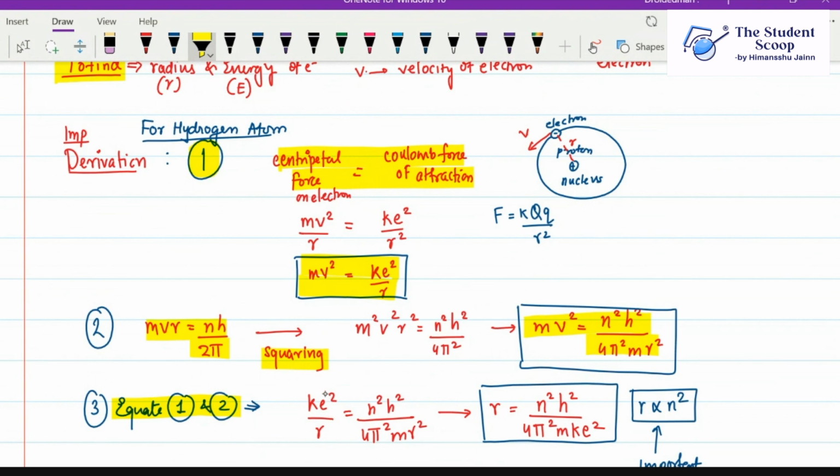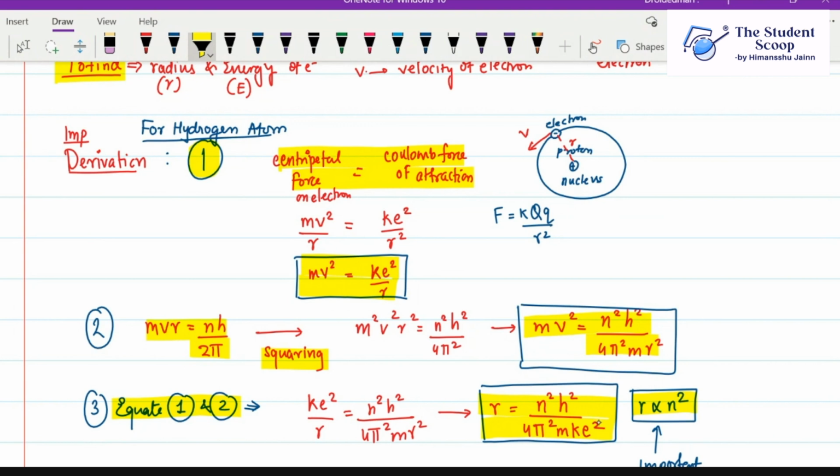When we equate 1 and 2, we can rearrange the terms to find r, and we will get r in terms of n, where r is directly proportional to n square, because h, 4 pi, m, that is the mass of the electron, and k e square are all constants. So r is directly proportional to n square.